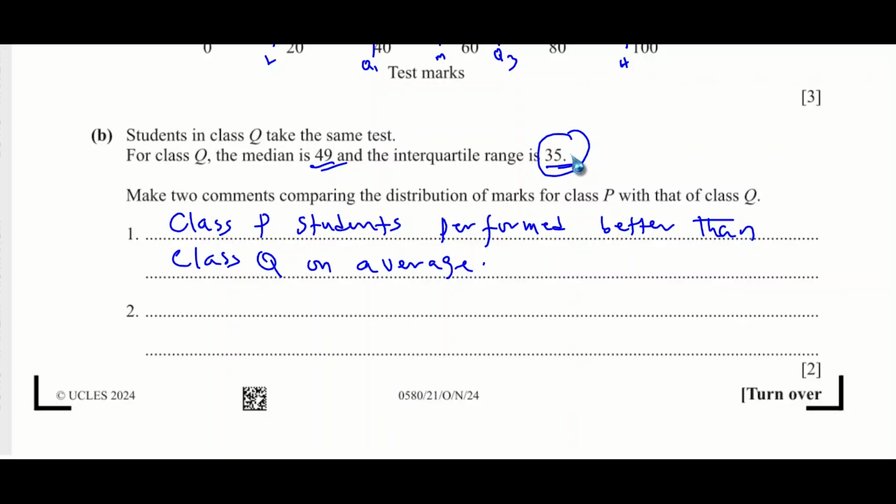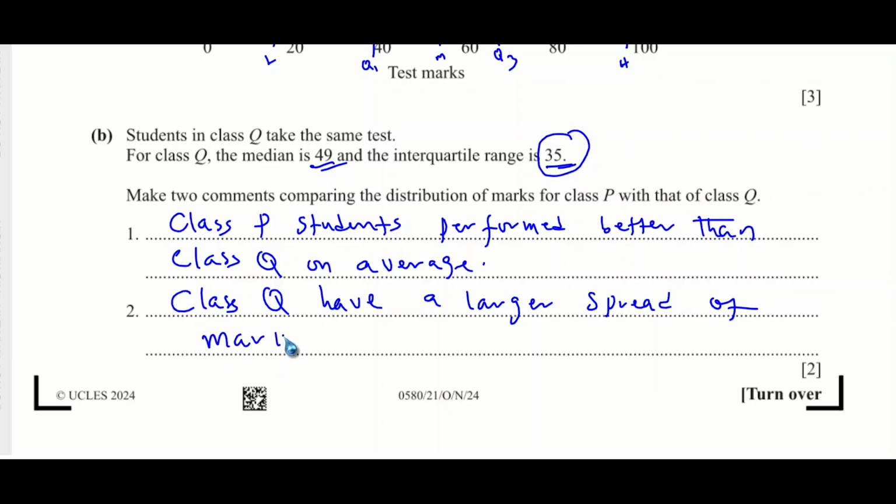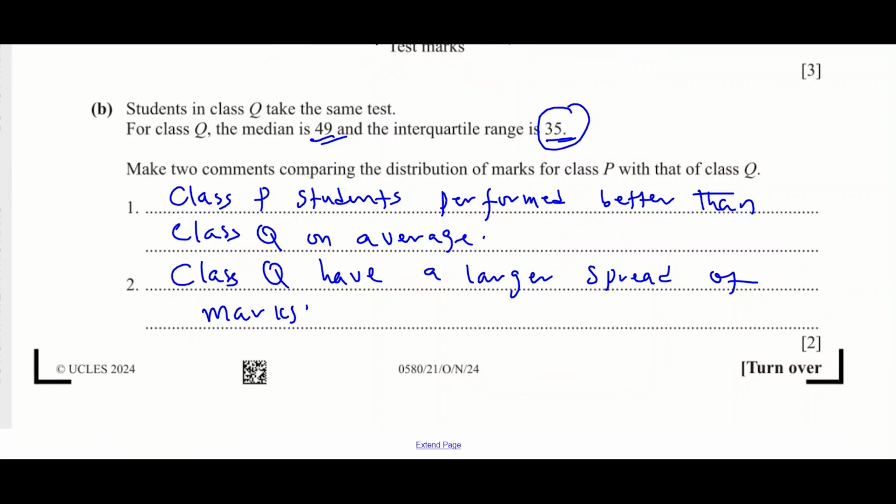So there is more spread of marks in Q than P. So I can say that class Q has a larger spread of marks. That means they have a larger gap between their marks.